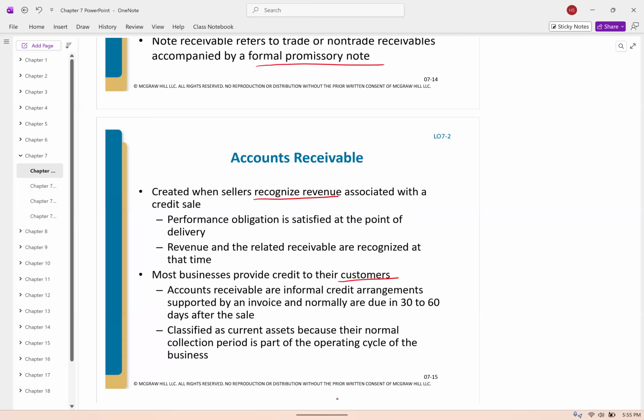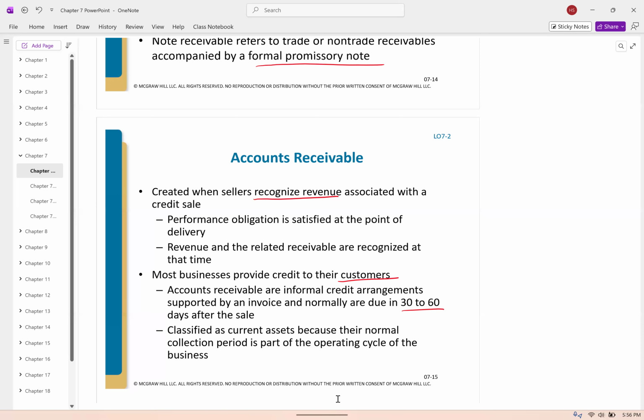Okay. They're going to pretend like we are stealing the groceries and the police will be called. So we can't do that. So when they say customers, they're probably talking about another business. Okay. It's usually only 30 to 60 days. I have seen it go up to 90 days.